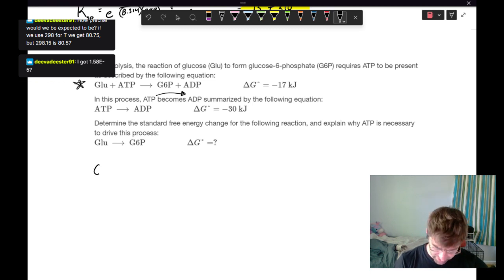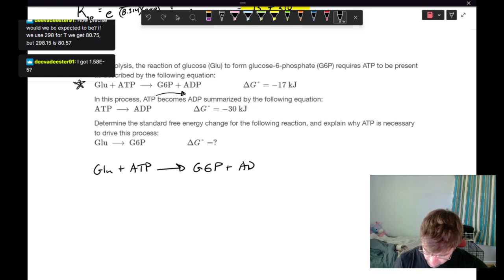I'm going to be a little redundant here, and I'm going to rewrite the equation we were given because this is just a good accounting step. G6P plus ADP. Gibbs free energy for that equals negative 17 kilojoules. We don't need to worry about units right now because they're all going to be the same. We need to get to an equation that is just glucose and G6P.